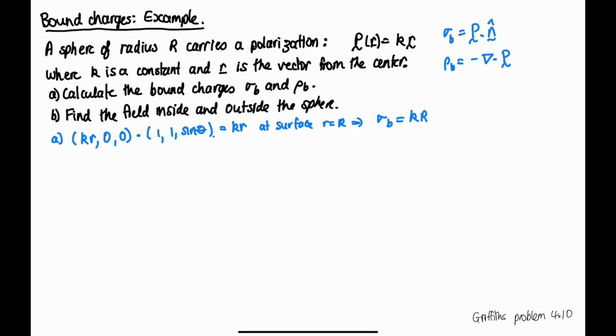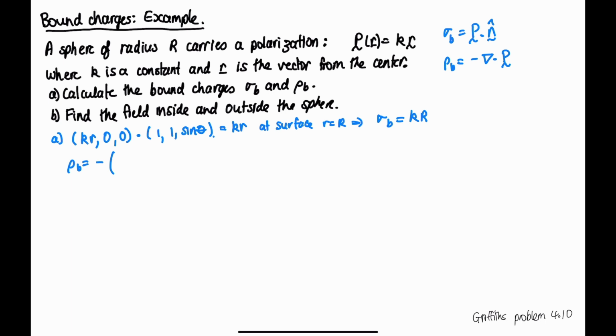Okay, now we also have to calculate the volume charge density. So in order to do that, we will need to use that the volume charge density is equal to minus, and now we're using spherical coordinates, and we're going to take the divergence.